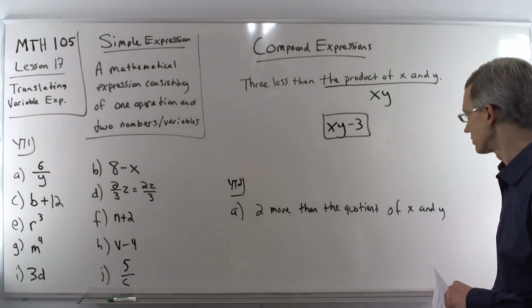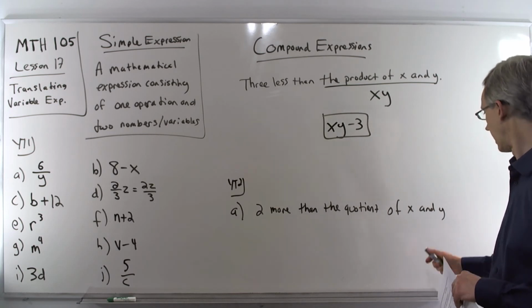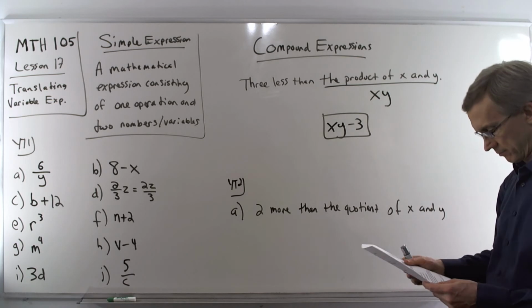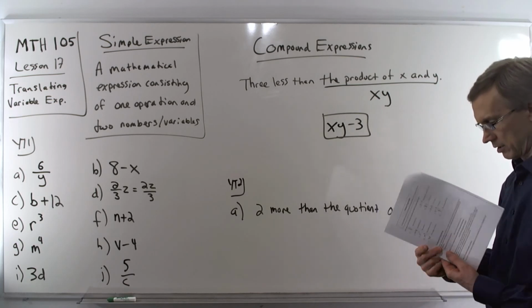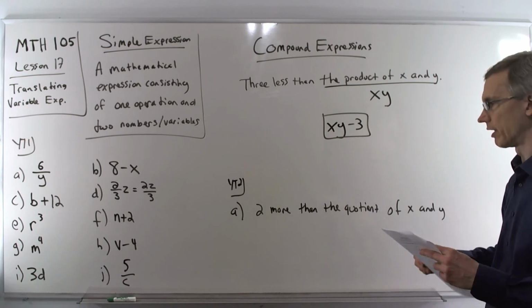Now for your turn number 2, what I'd like everybody to do is go through these and first identify the simple expression in each one. And once you've identified all 4 simple expressions, then we'll go through and translate.